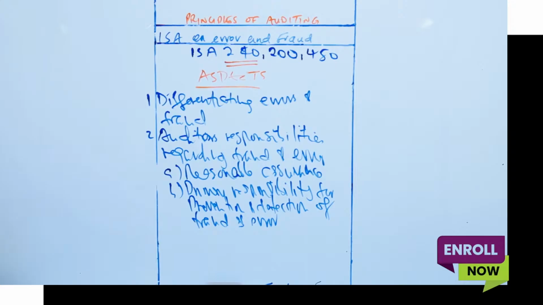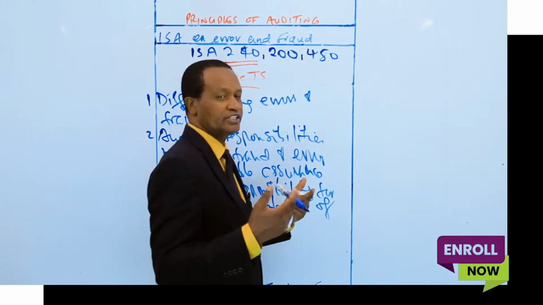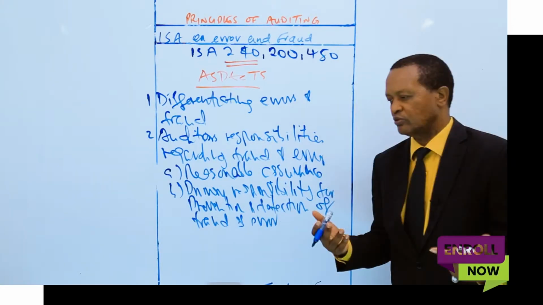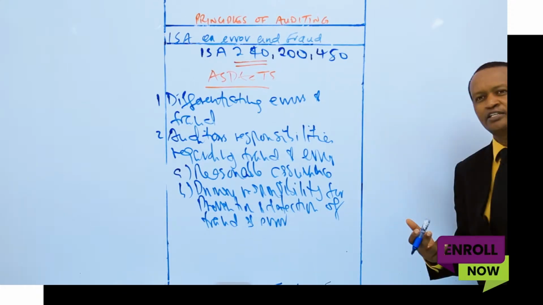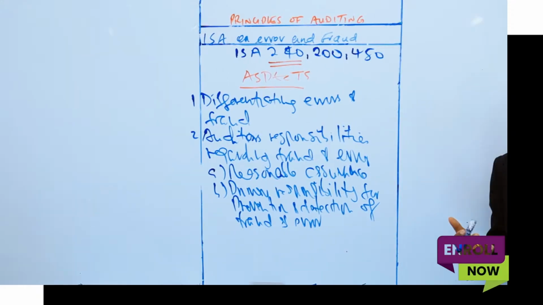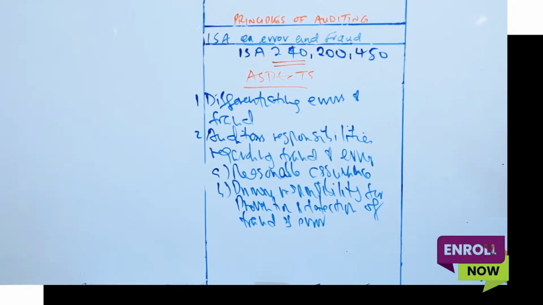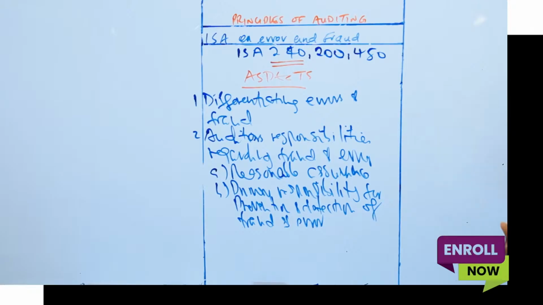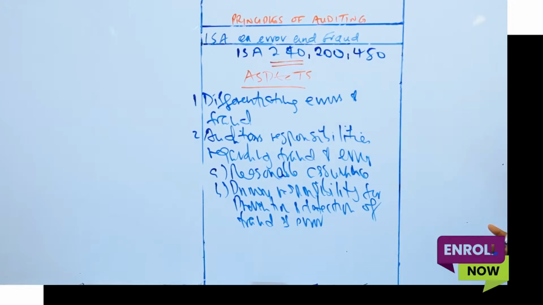And while the auditor is not responsible for preventing fraud, they are responsible for designing and performing audit procedures to obtain reasonable assurance that material misstatements, whether caused by fraud or error, are detected.